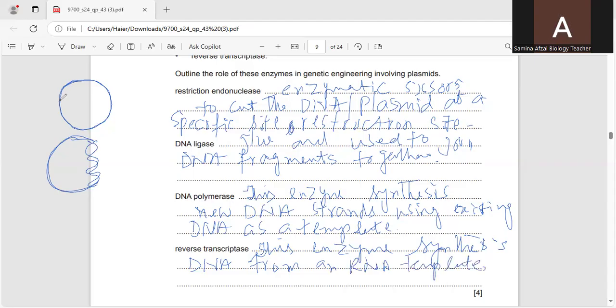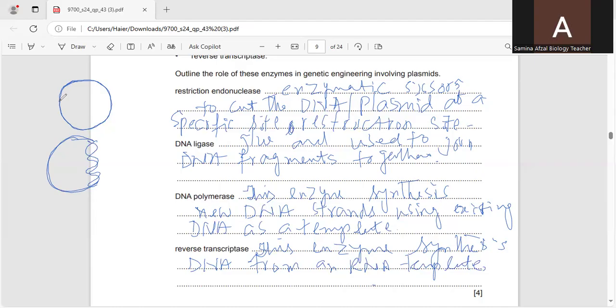Students, you know what happens in transcription. DNA acts as a template strand and messenger RNA is formed. So in reverse transcription, it is the opposite: DNA is formed from the RNA template. The RNA acts as a template and formation of DNA takes place.